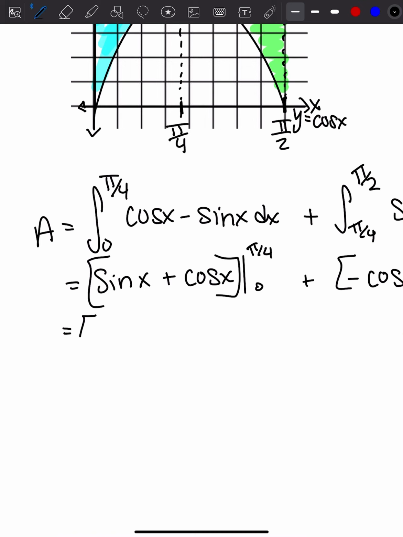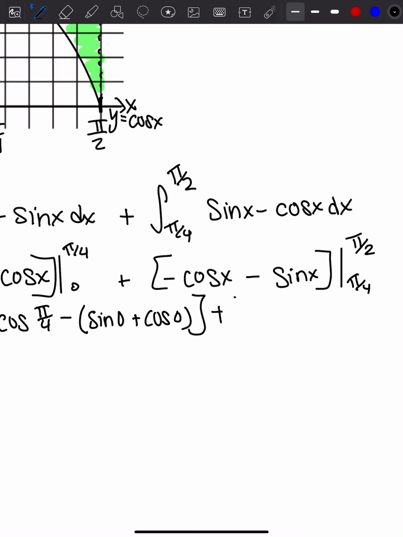So I have sine of pi over 4 plus cosine of pi over 4, minus sine of 0 plus cosine of 0.